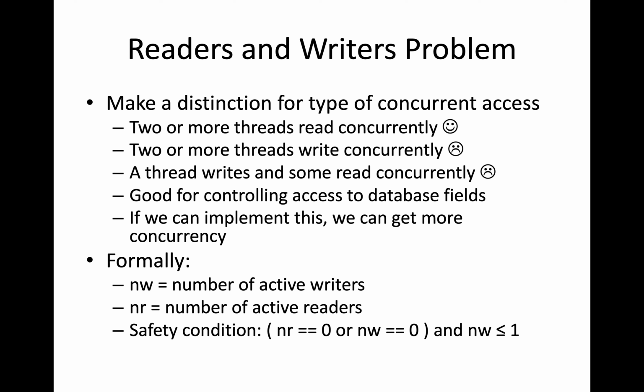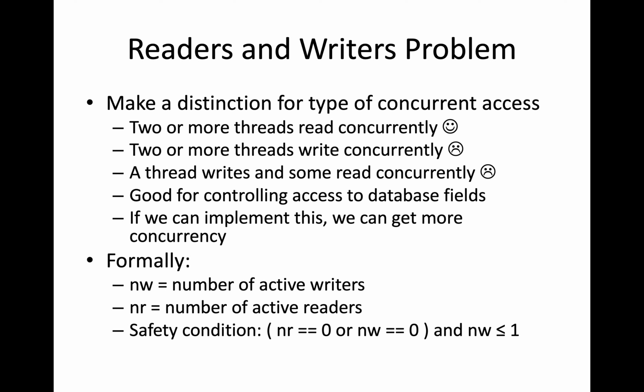We have one more that we hadn't talked about, and it's called the readers-writers problem. The idea here is we might have a bunch of threads. They may want to access a variable in memory. They may want to access a field in a database or something like that. But we want to make sure that if multiple ones try to access it at the same time, nothing bad happens.